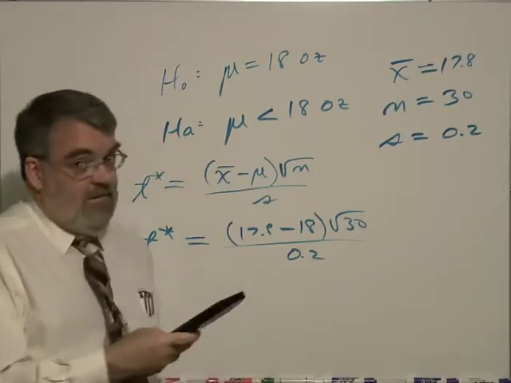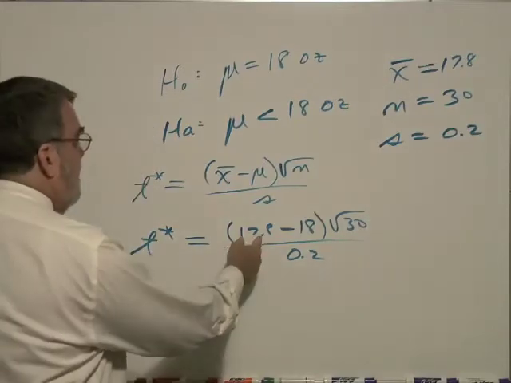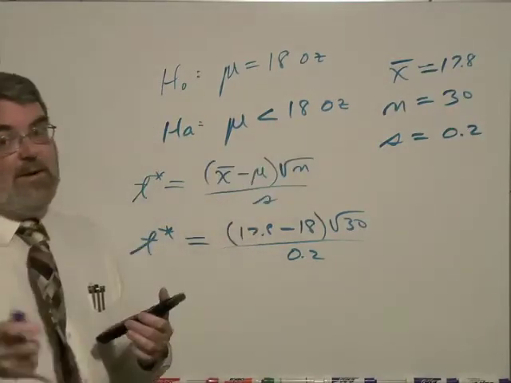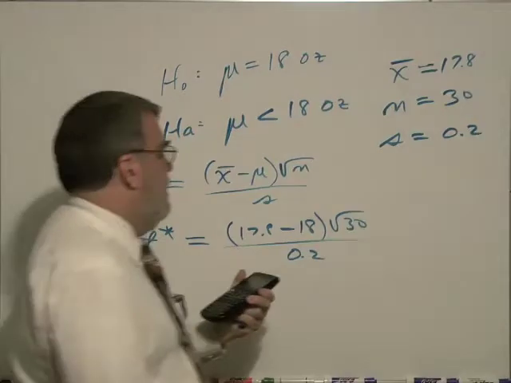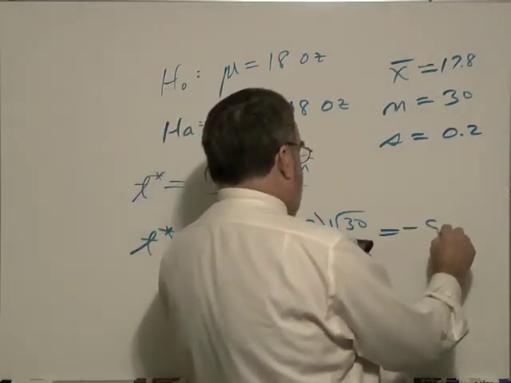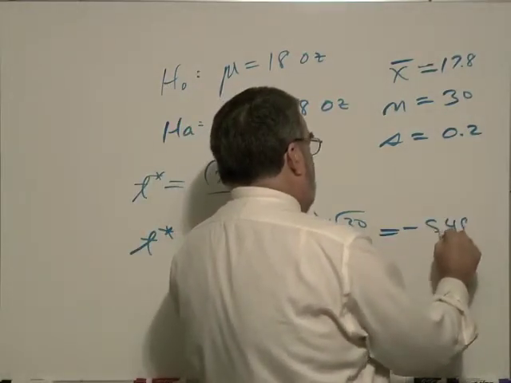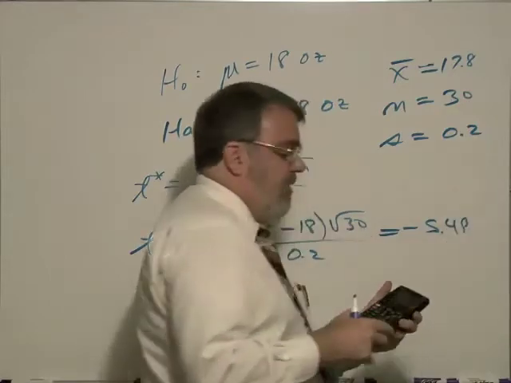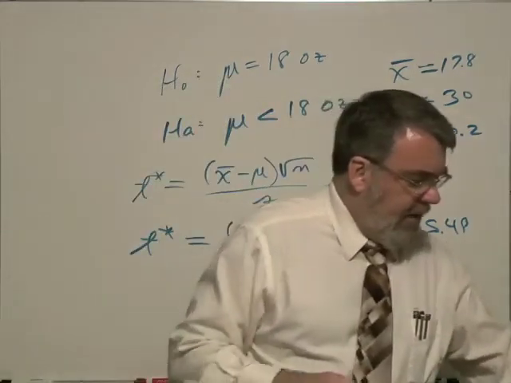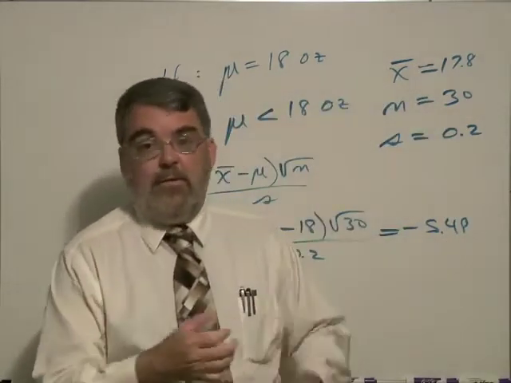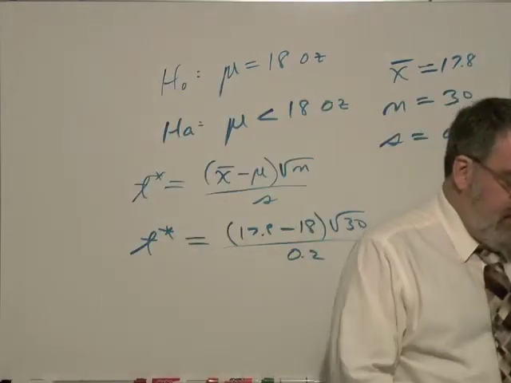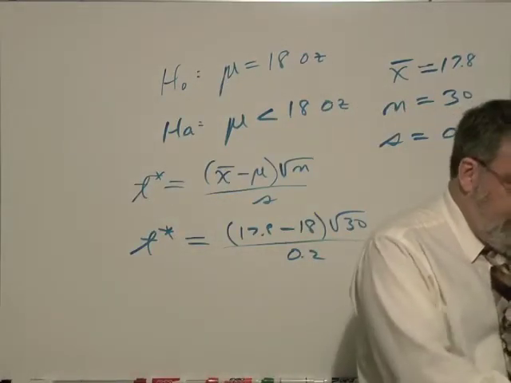It's a negative score because we're below the mean, we expect a negative t-score. So this comes out to be negative 5.48.